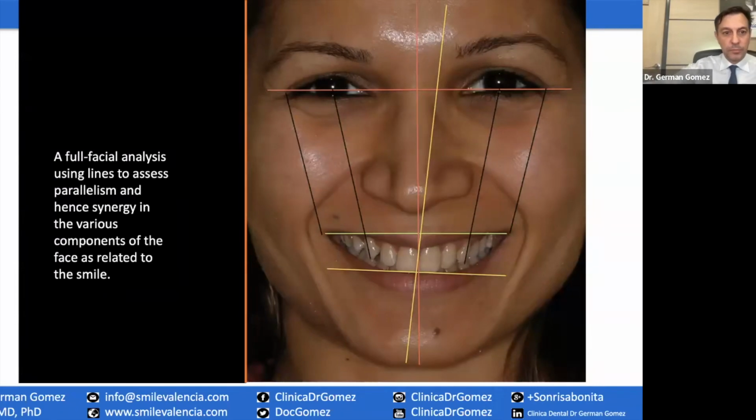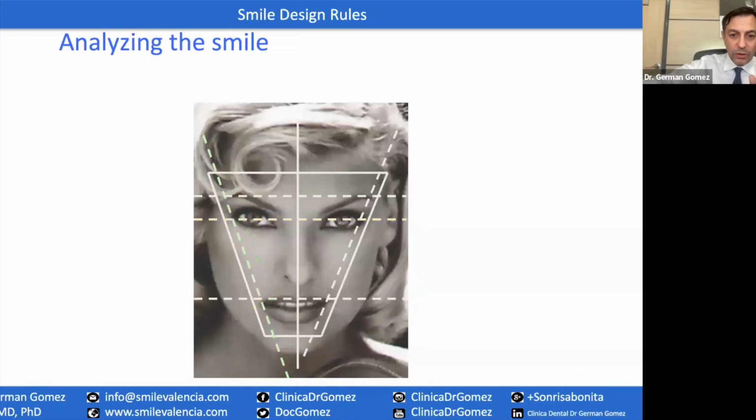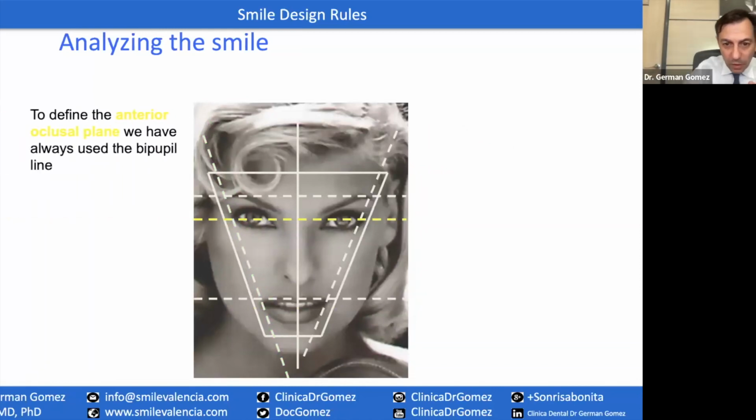Good. A full facial analysis using lines. You can make a picture and then use your lines. Okay, the inclination of the canines follows the inclination of the outer angle of the eye with the outer angle of the lip when the patient smiles.